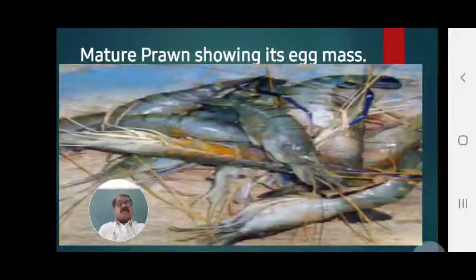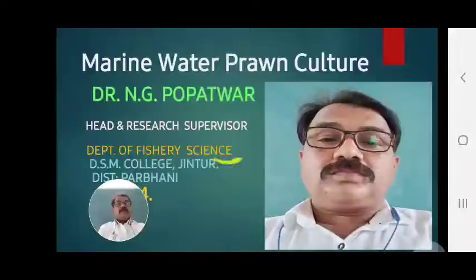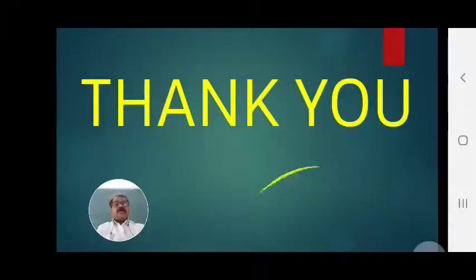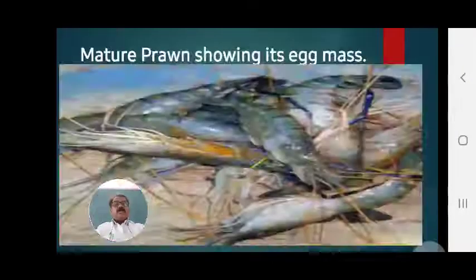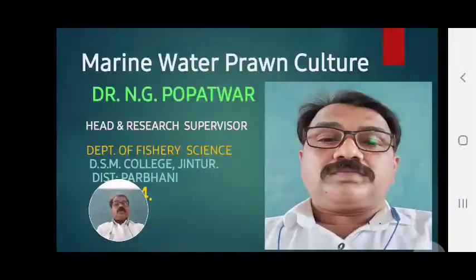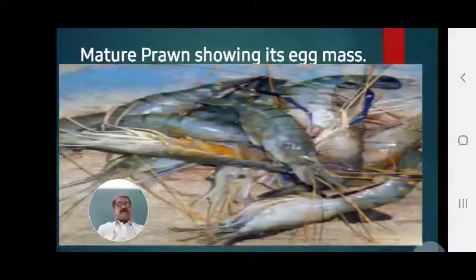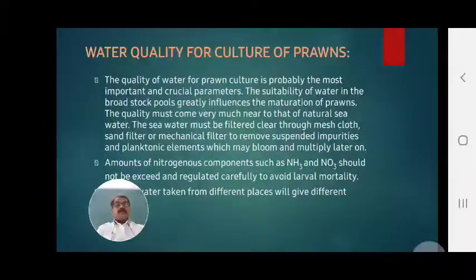These egg masses are found in the thoracic region. These eggs are found in Penaeus indicus. In every prawn you can see some orange egg mass.